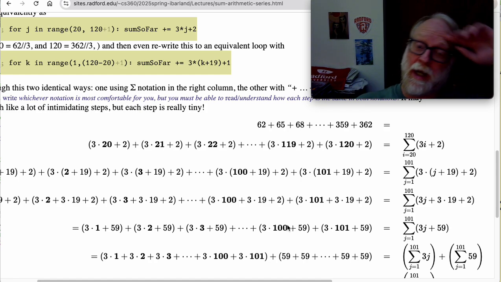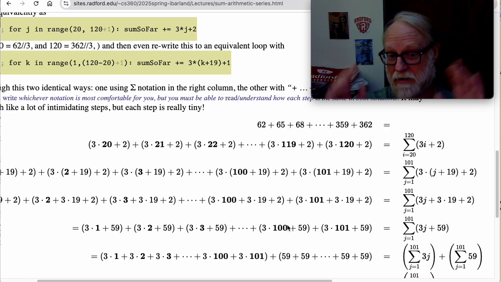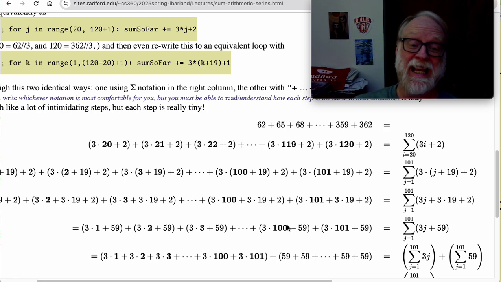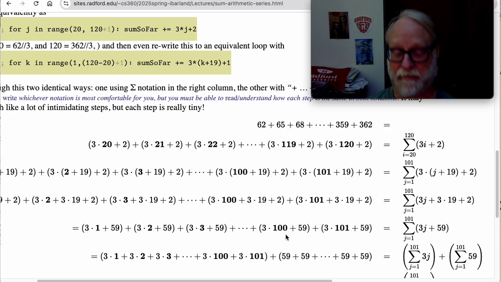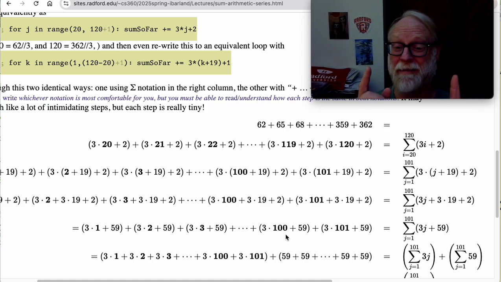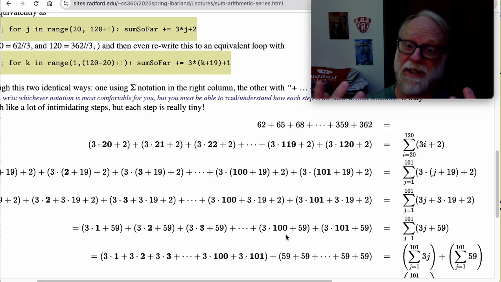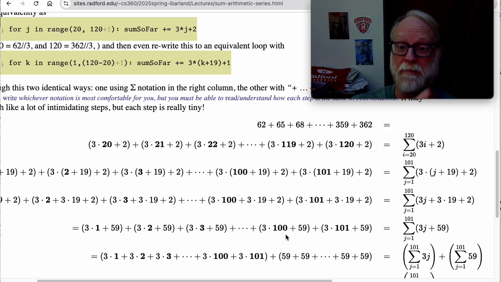Math is commutative. I can add in either order. A plus B is B plus A. I'm not worried about the parentheses here. Sorry, it's associative, which means I can ignore the parentheses. Commutative, they can commute back and forth.